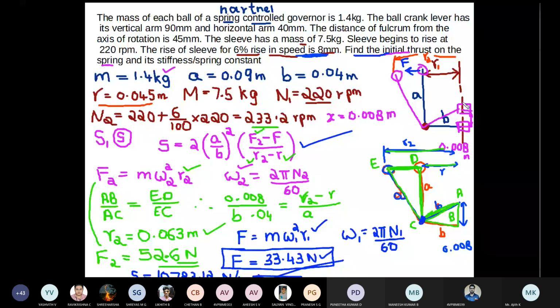S1 means the initial thrust on the spring, and S means it is a constant. The small letter S is a constant known as spring stiffness, spring constant, or rate of spring, whereas S1 is the initial thrust. S1 is the initial thrust and S2 is the final thrust. S2 we need not calculate.